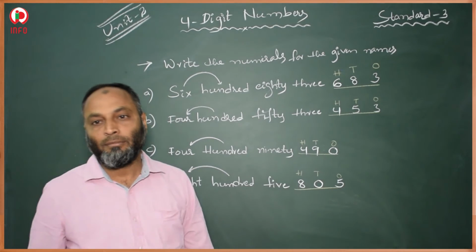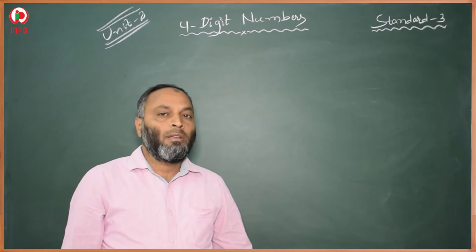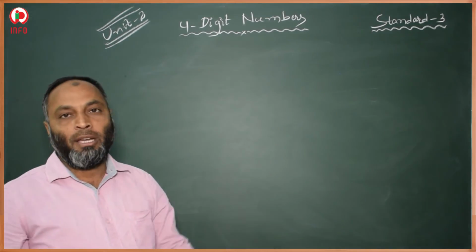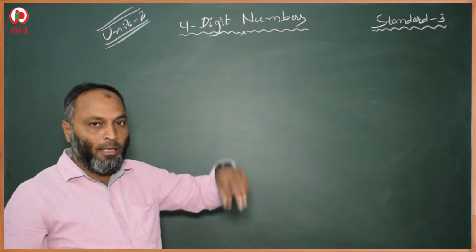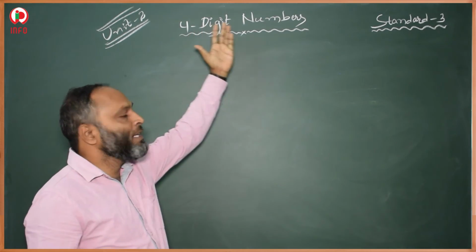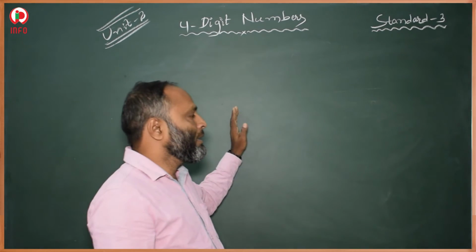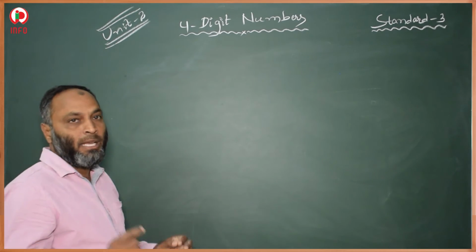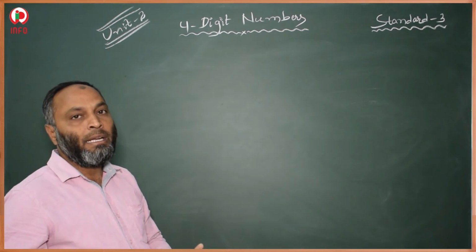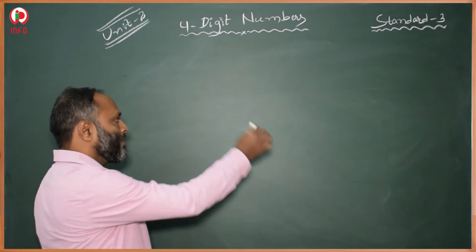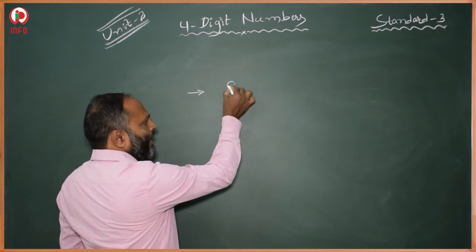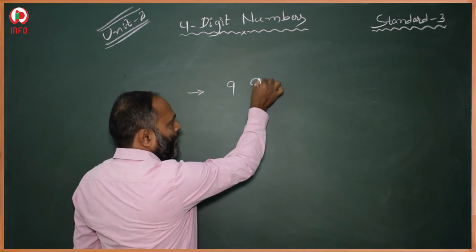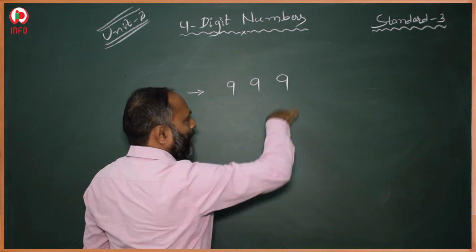Thank you. Now friends, after recapitulating 3-digit numerals, our topic is 4-digit numbers. What is the largest 3-digit numeral? That is 999.